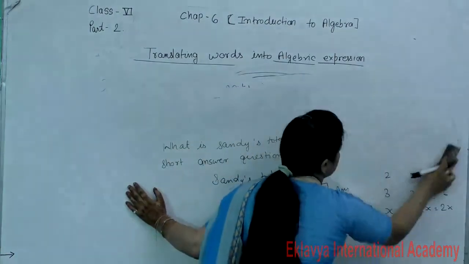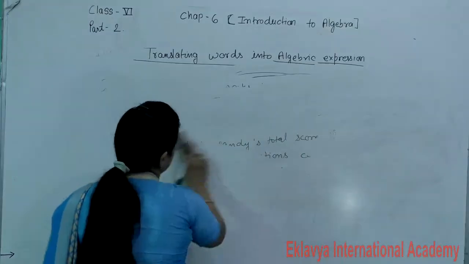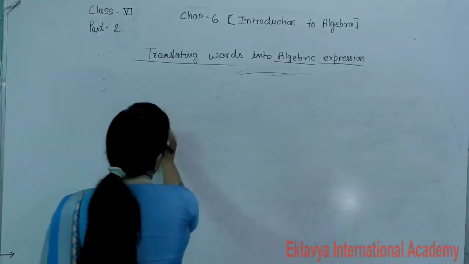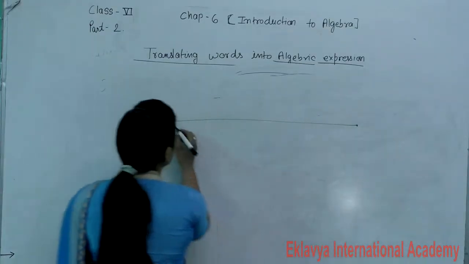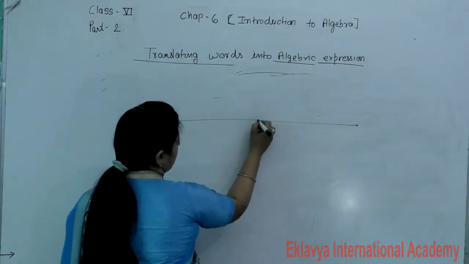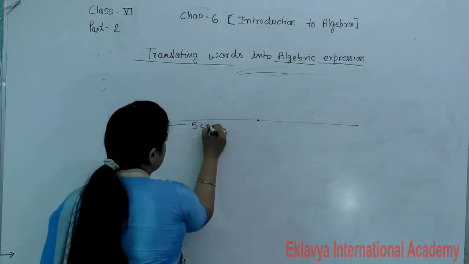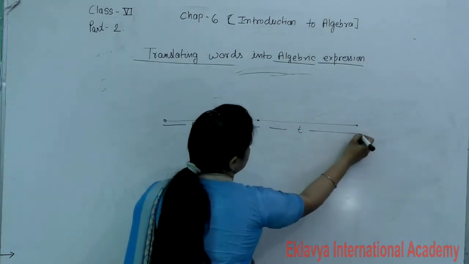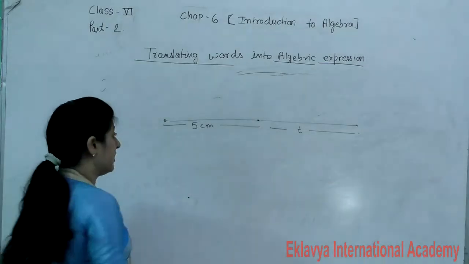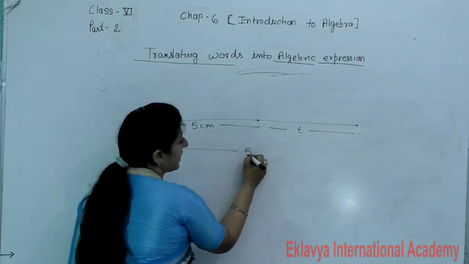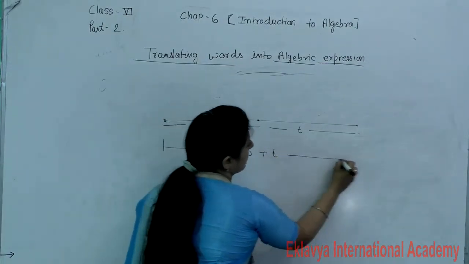Next type of question. Suppose any pipe is given to you. This part is 5 centimeter and this is t centimeter. Then what is the total length? Total length is 5 plus t.